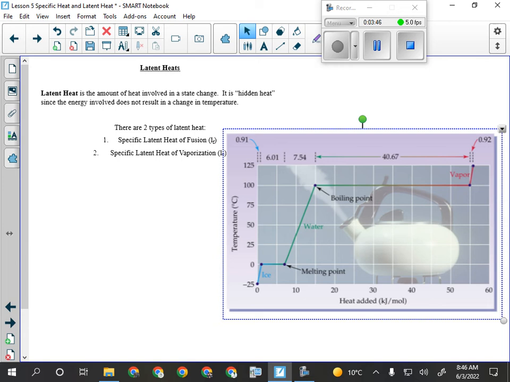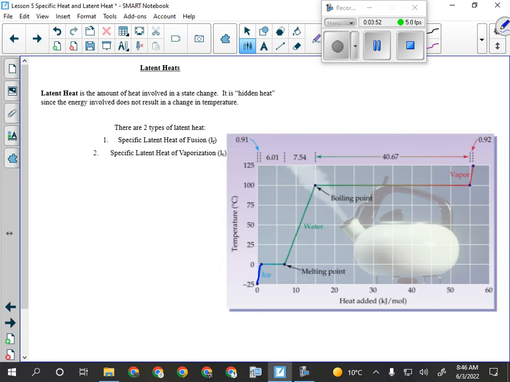Okay? There's the part of the curve, like down here, where the material is in its solid form. And if I heat it up and heat it up and heat it up, eventually it will melt. Okay? Now, weird thing about all substances is that unlike mechanical energy, where potential and kinetic can change at the same time, in thermal energy they can't.